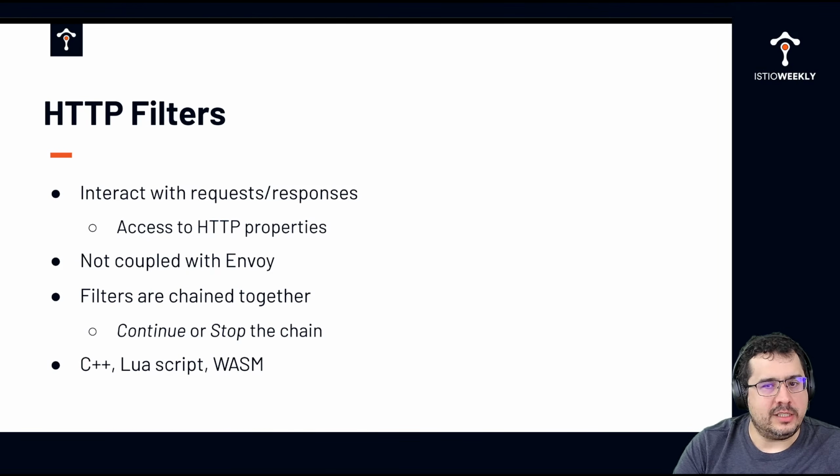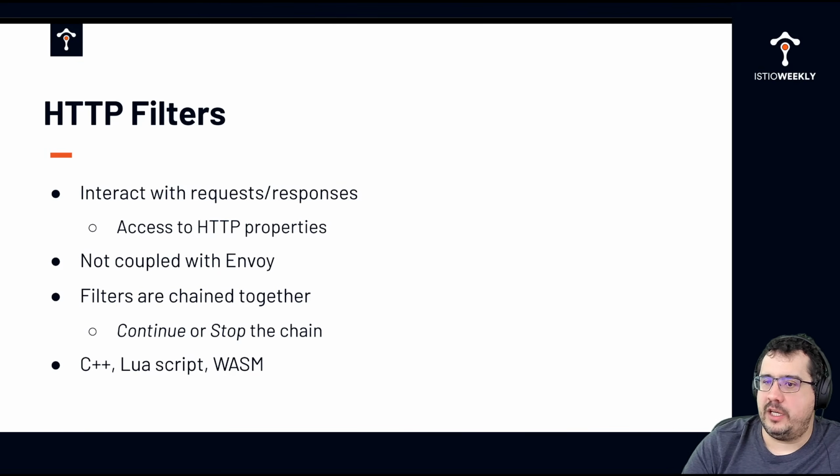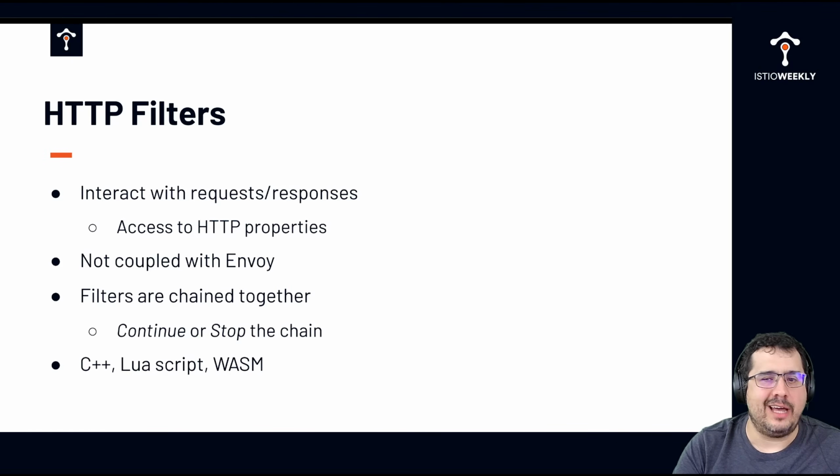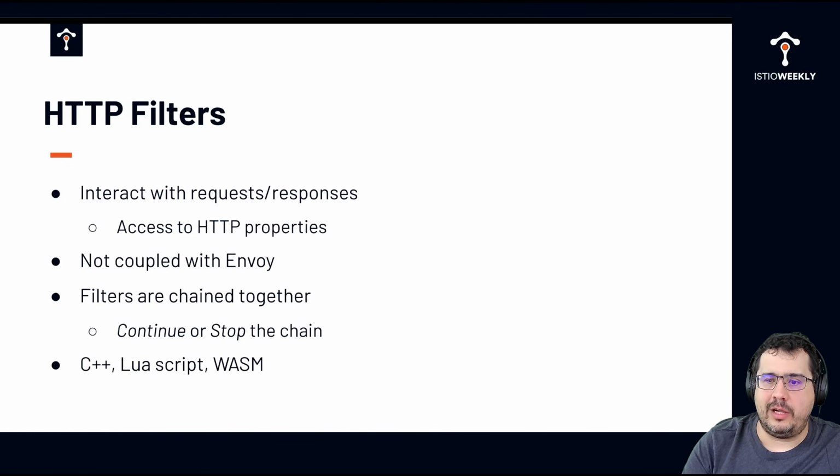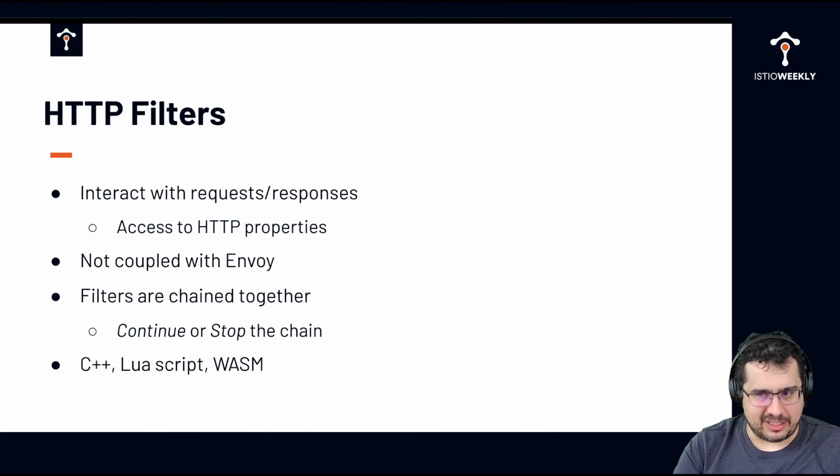So there's no need for you to have the filters built in or compiled with the Envoy proxy. You can do that if you want to, but it's not practical. And WASM is one of the things that allows you to. So Envoy filters are natively written in C++, right?